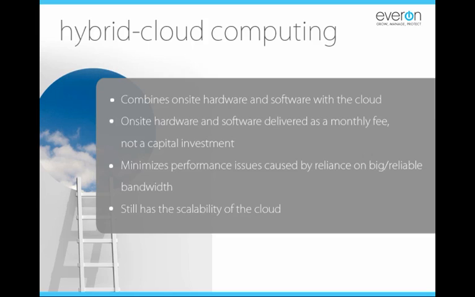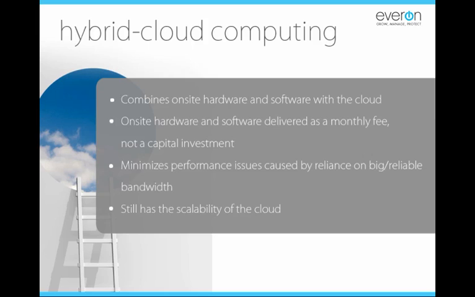So what are those benefits? Because having on-site hardware and software definitely still has some benefits, and I think it's primarily performance issues, right? A lot of small businesses still don't have the best bandwidth, right? The best internet connections. Those connections maybe are not as high speed as they'd like them to be, or maybe they're just not as reliable as you'd like them to be.